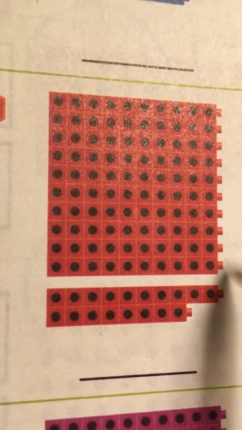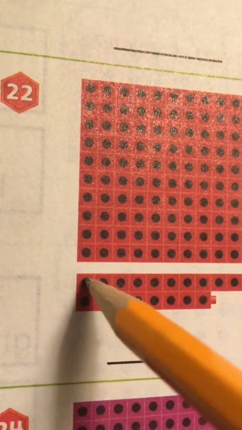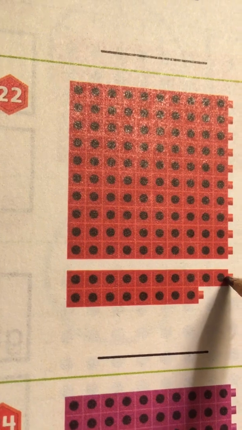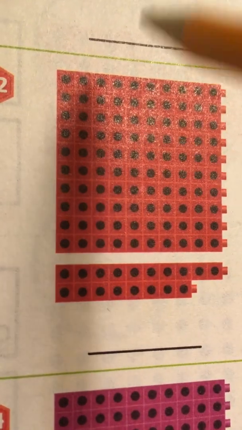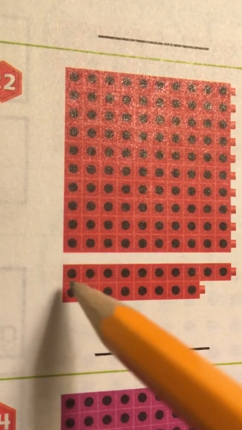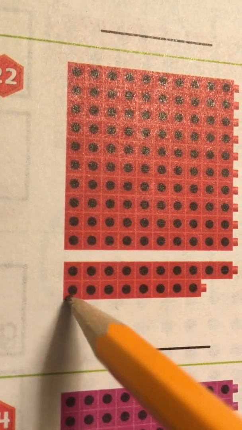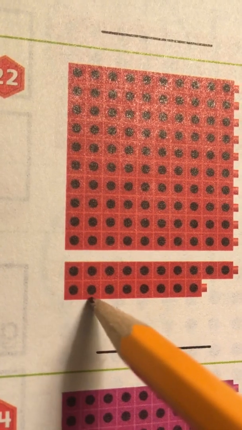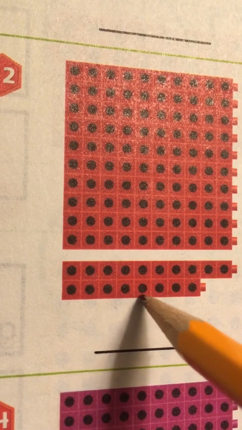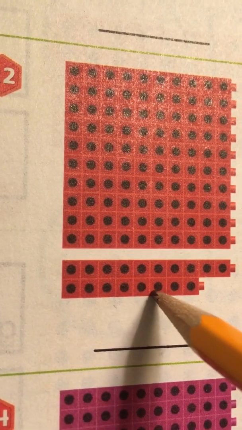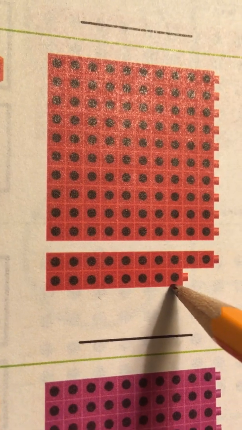We don't count by tens. 100, okay? And then we see there is a group of 10. So let's count together. 100, 110, 111, 112, 113, 114, 115, 116, 117, 118.